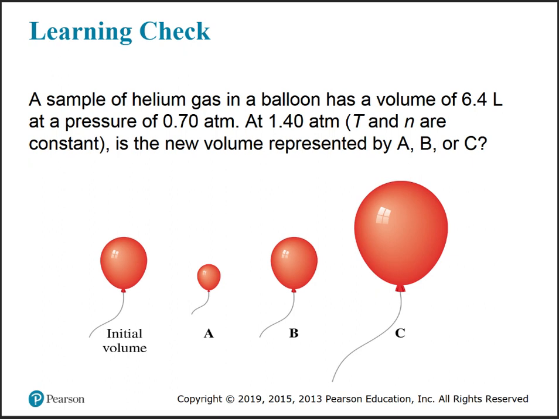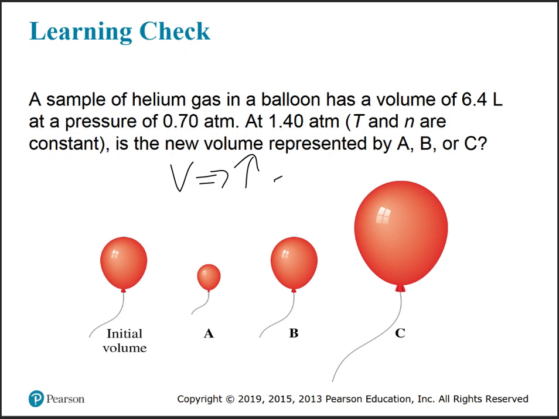So we have helium gas in a balloon, has a volume of 6.4 liters, and the pressure is 0.7 atmospheres. At 1.40 atmospheres, which one of the balloons, A, B, or C, represents the new volume? So the question is, volume.